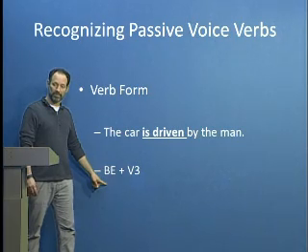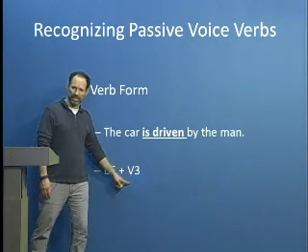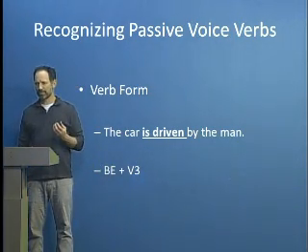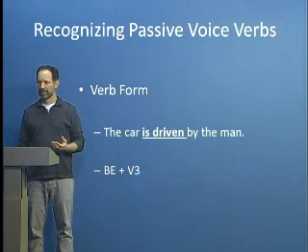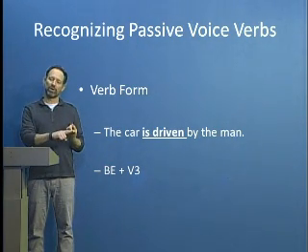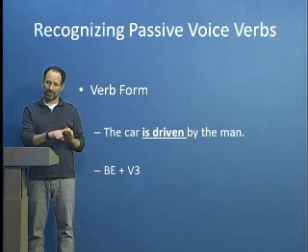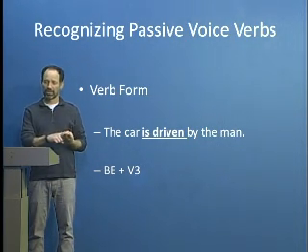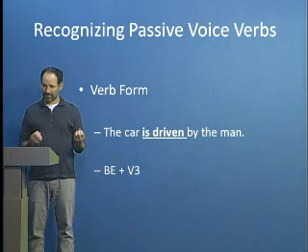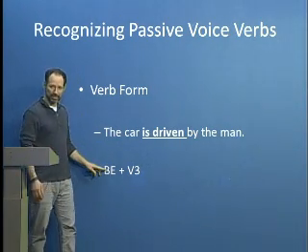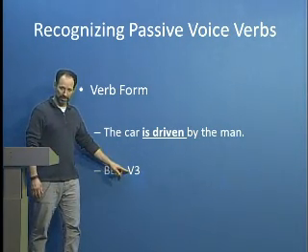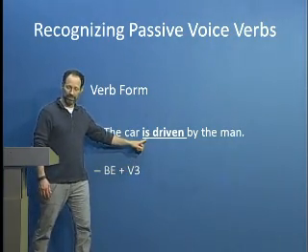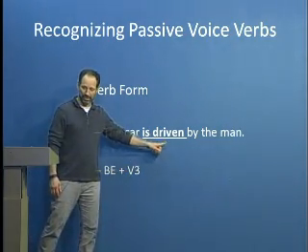So some form of the verb be plus the V3. That's the past participle of the verb. So if V1 is drive, V2 is drove, V3 is driven. So the passive voice form of the verb, some form of be plus V3, is driven.